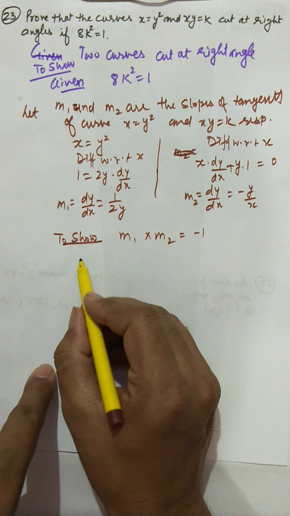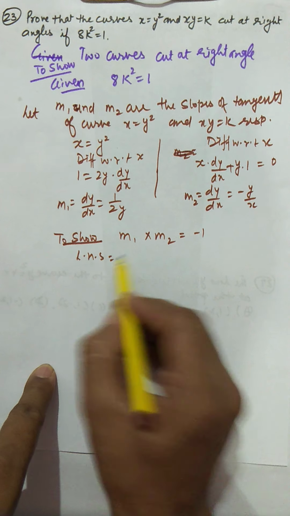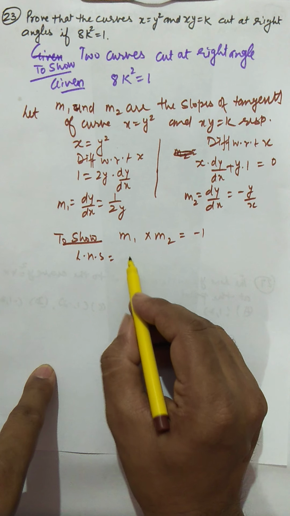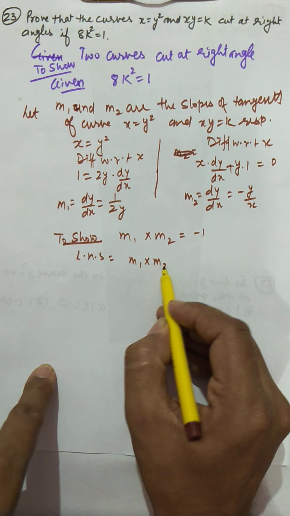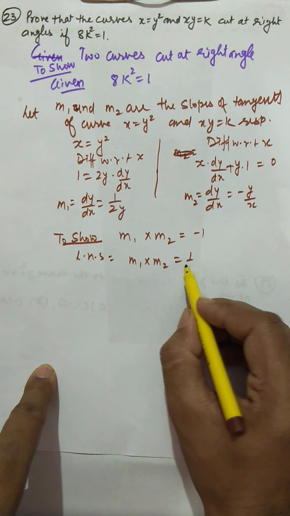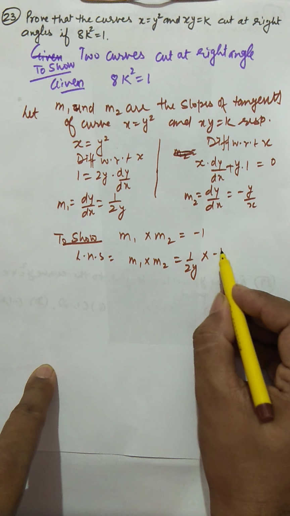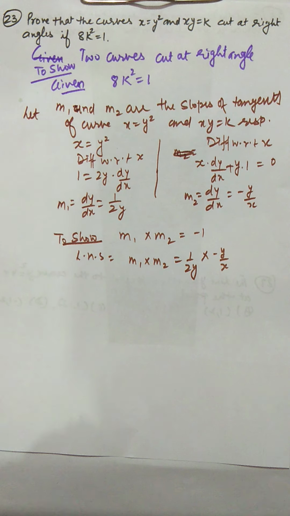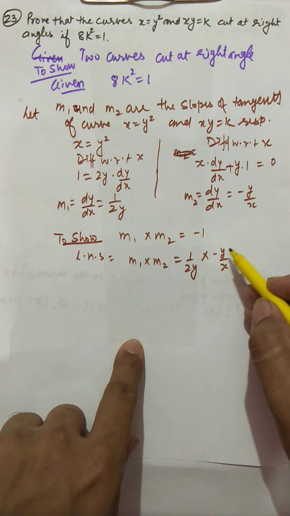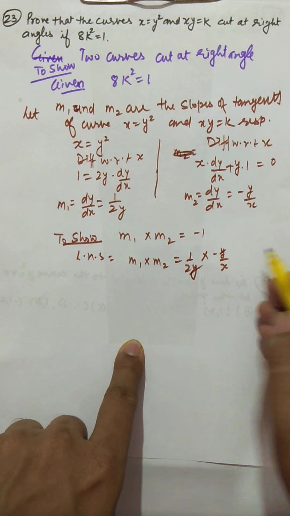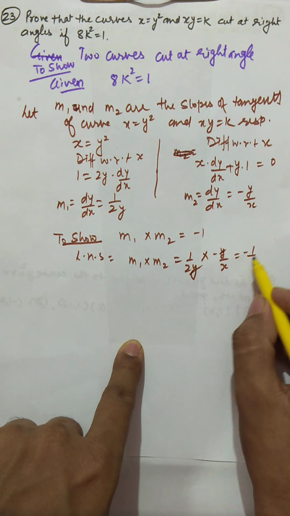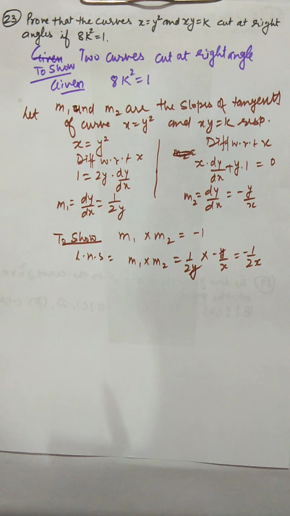I'll take the product on the LHS, m1 into m2, and substitute the values: 1 upon 2y into minus y upon x. You can see that y will get cancelled, and you are going to get minus 1 upon 2x. But our answer has not come. Why has our answer not come?